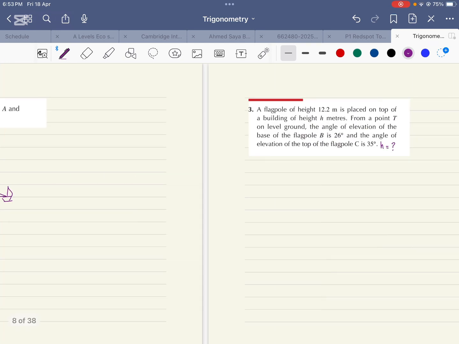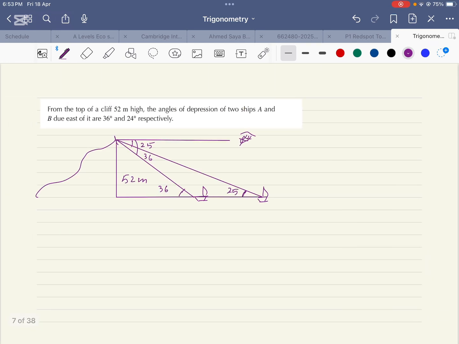This is the diagram and I have lost the question. So let's say I want to find out the distance between two ships, which means I want to just find out this area. What am I going to do? I have 52 meters, which is common for both triangles. Let's first highlight the two triangles that I have.